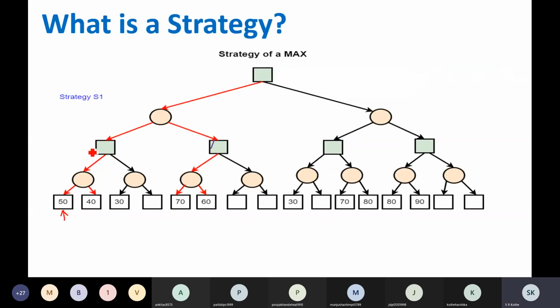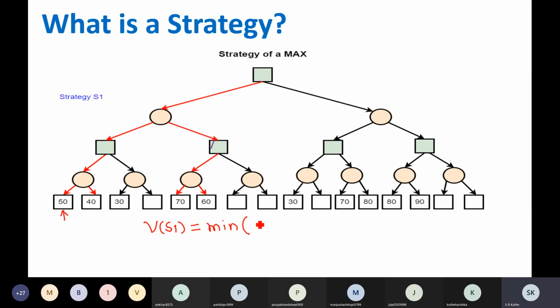Let us define the value of this strategy S1. Value of strategy S1 is equal to the minimum of the value of leaves in that strategy.